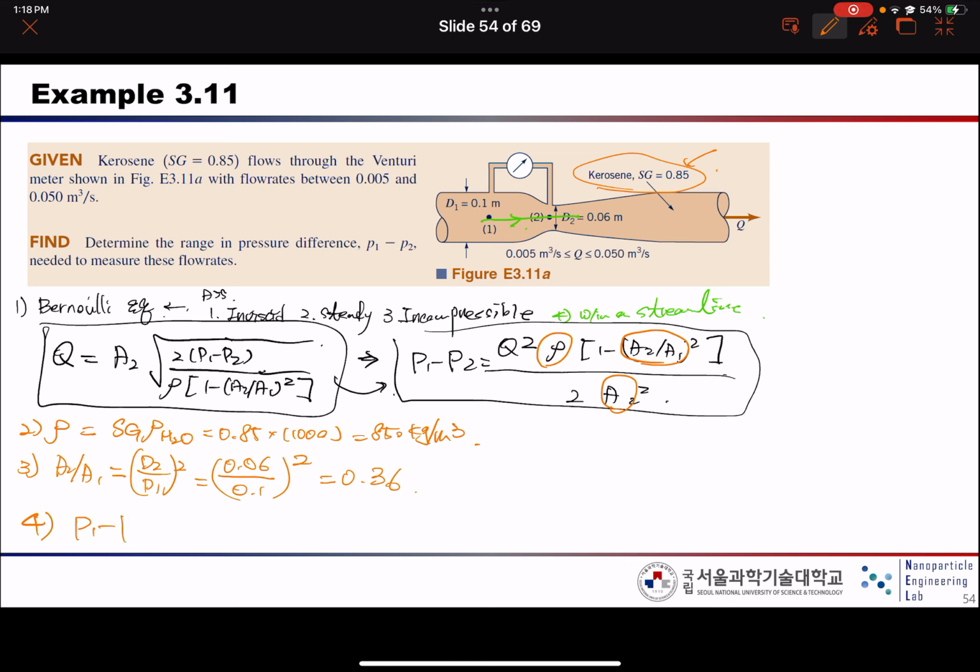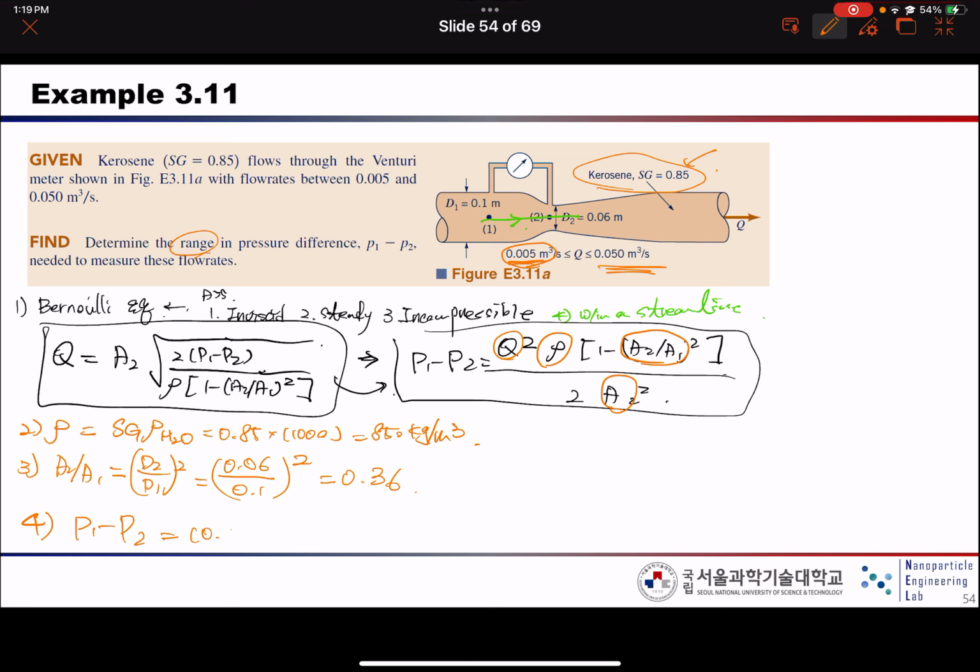So P1 minus P2 equals, and Q is given here, right? First we are going to use the smallest flow rate, because we need to determine the range, right?